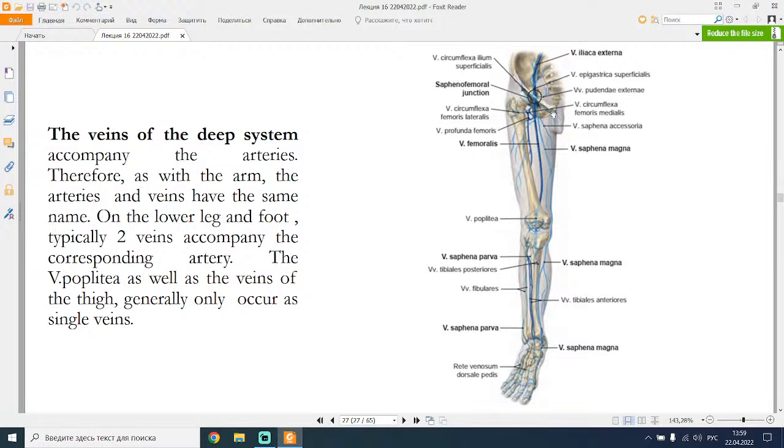Deep veins: vena femoralis, vena poplitea, this is vena fibularis, vena tibialis anterior. Vena poplitea is one single vein.